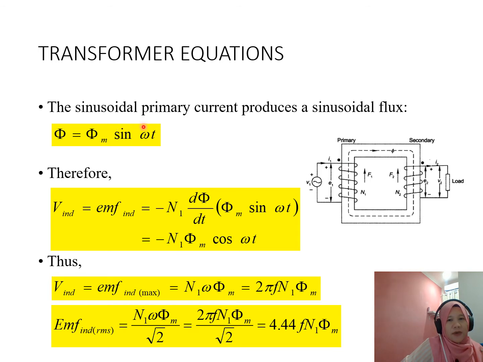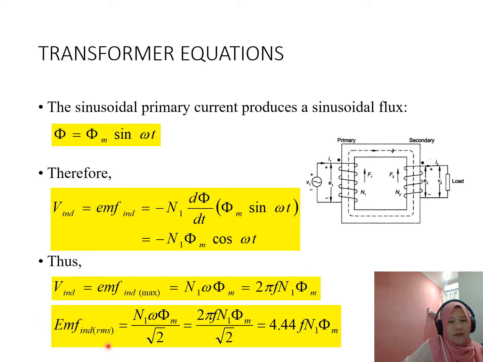So the sinusoidal primary current will produce a sinusoidal flux with the equation given as this equation, and therefore the induced voltage can be obtained, which is equal to this equation. And at the maximum induced voltage or induced EMF, we obtain it is equal to N1 omega psi m, which is equal to 2 pi f multiplied with N1 multiplied with psi m.